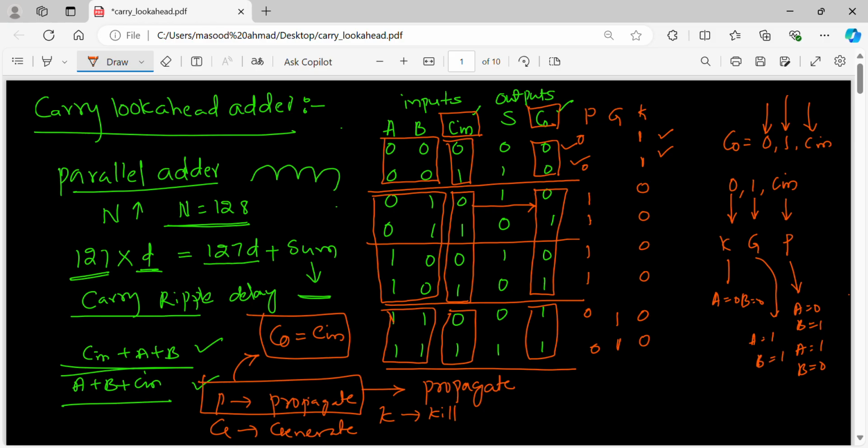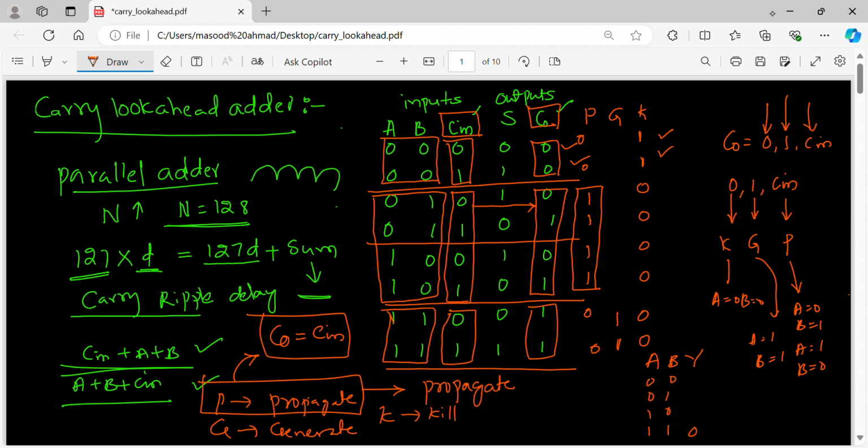Now if you look at this propagate in the K-map, when 0 1 or 1 0 it is 1, for the rest of the cases it is 0. Say for example I have A, B and Y: 0 0, 0 1, 1 0, 1 1.